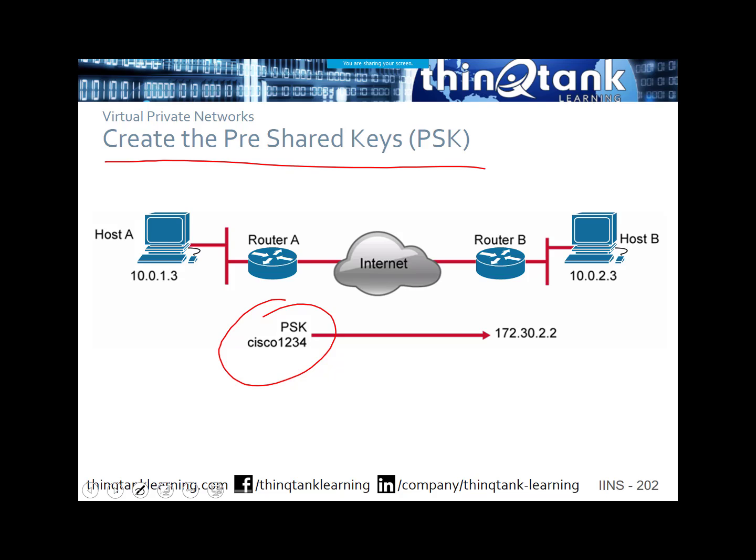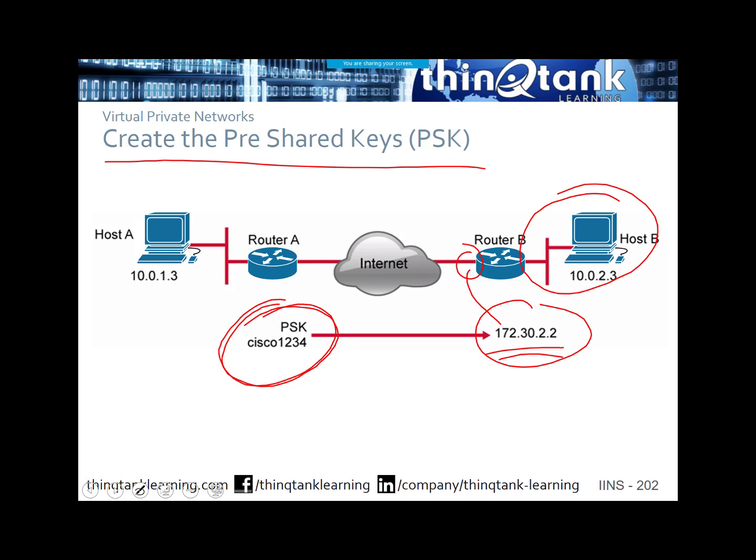So the pre-shared key gets configured locally on the router to establish how I'm authenticating the remote destination. Notice that the IP address is not the inside network. This peer IP address is the routable address on the internet that I'm using to establish the tunnel.